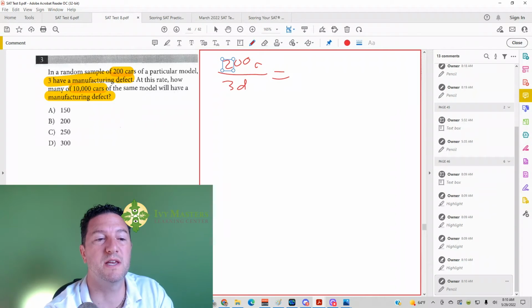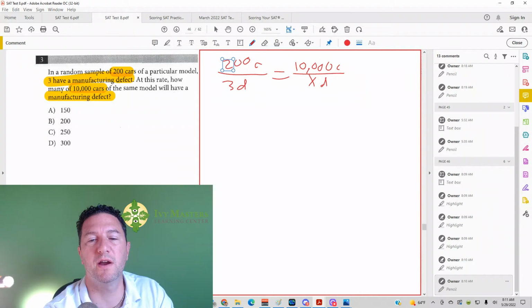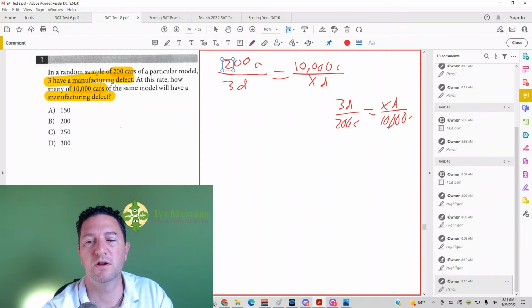Now I know cars has to be on top. So if I put 10,000, C, and then it's how many have a defect. Now X is really your only variable here. Other ways to set it up, if I flip this fraction, I could say that there are 3 defects in 200 cars, and how many defects are there in 10,000 cars?